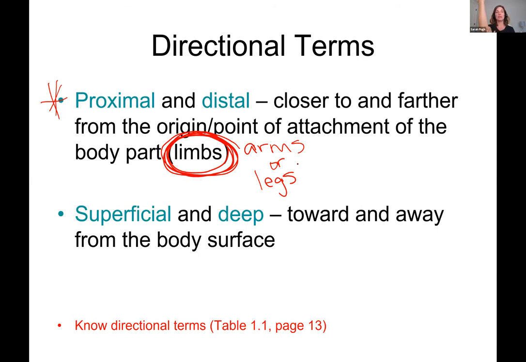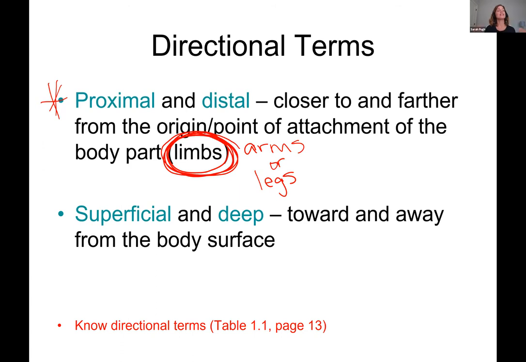If you think about it, your elbow is closer to the shoulder than the wrist is. So the elbow is proximal to the wrist. If I use distal on the arms, I could say my fingers are distal to the wrist. They are farther from that point of attachment than the wrist is. So proximal just means closer to, distal means farther from.